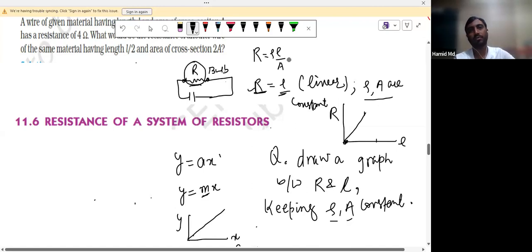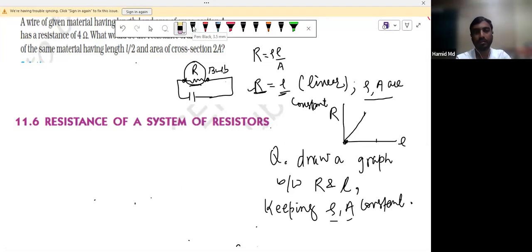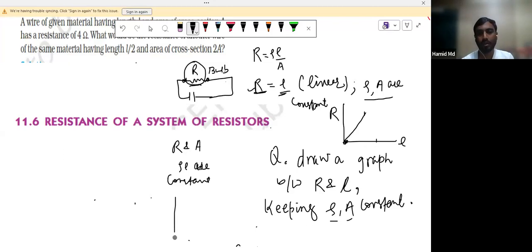Now it's time to draw another relation. Draw the graph between R and cross-sectional area A, given that rho and L are constant. So how will it look?